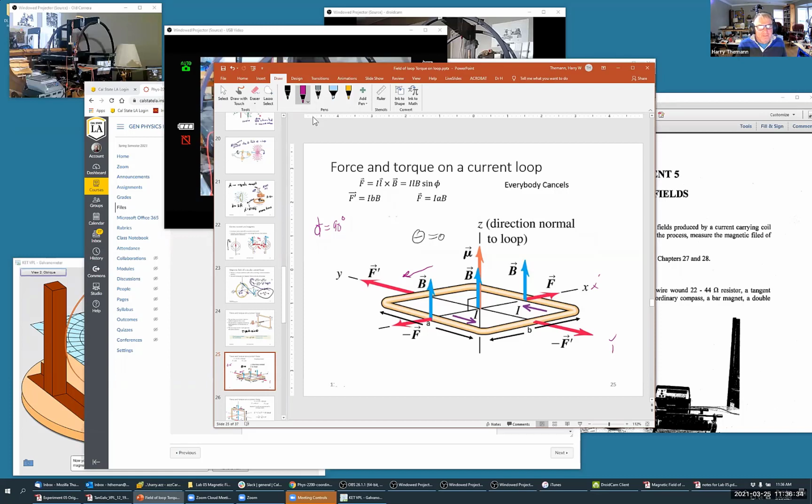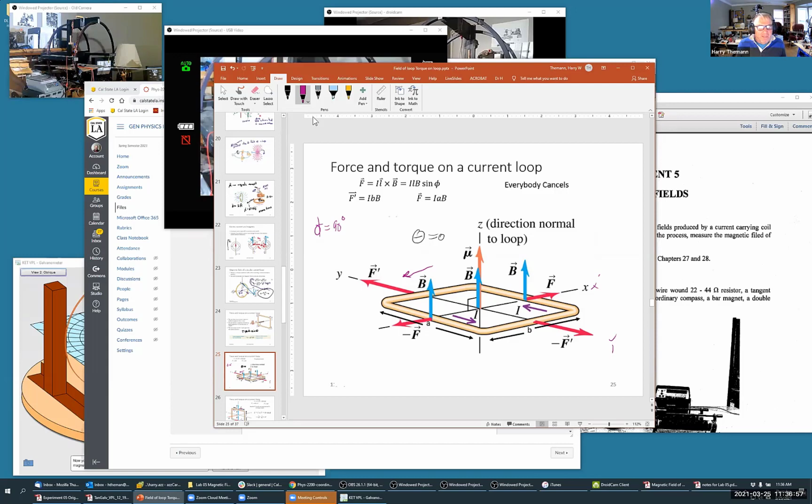So in the case of the F primes, it's going to be I times the length of this segment of the loop, which is the little letter b. And you'll see that they point in opposite directions. And then the F vectors are I, A, B, so they point again in opposite directions.